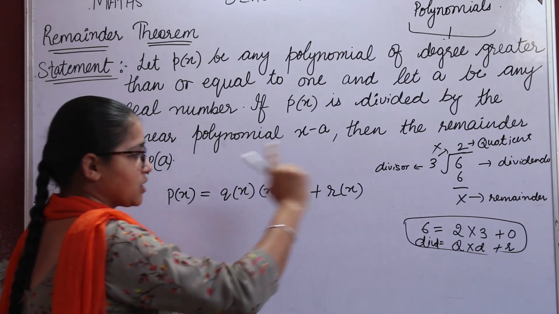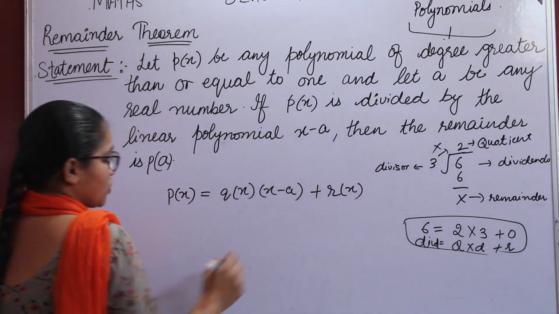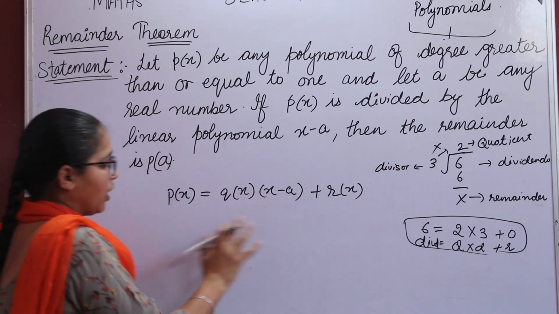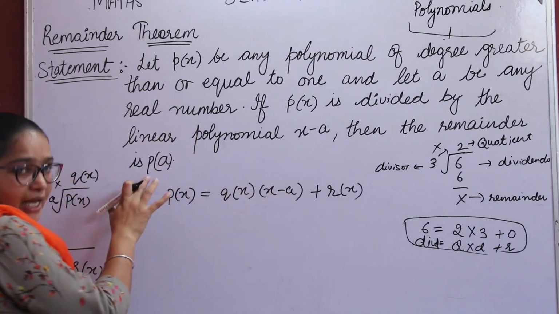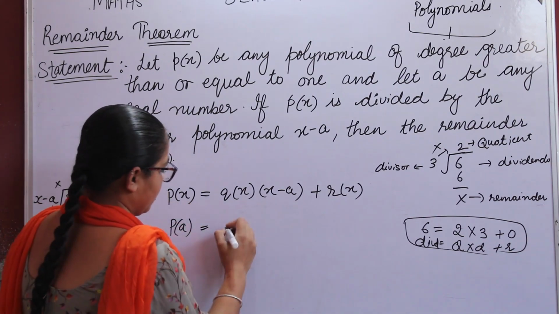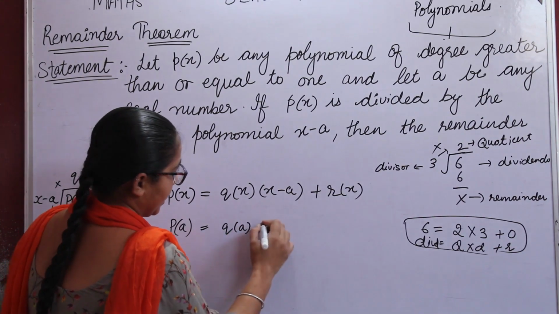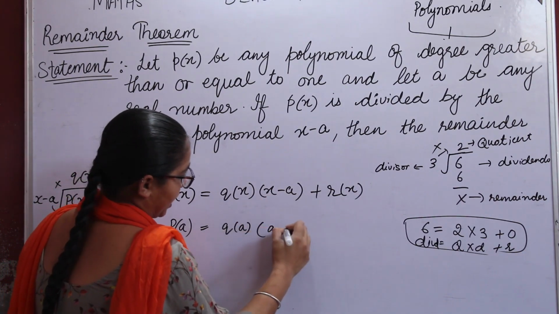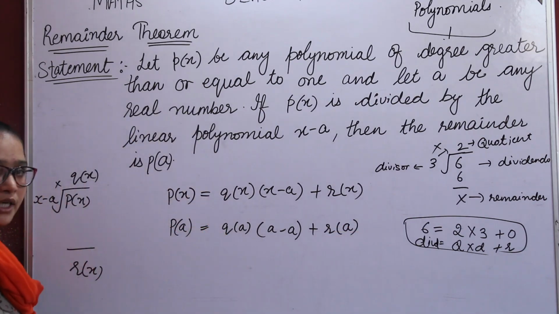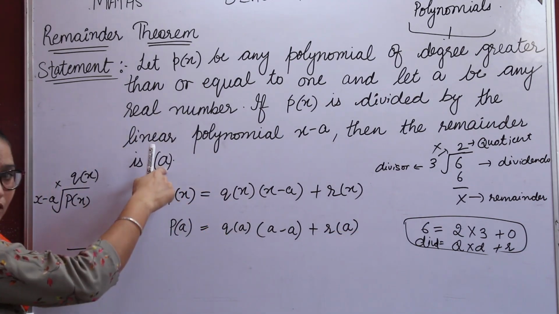This is just from division only. So now particularly if I find p(a), P of a is q(a), x in place of x I am putting a. On the place of x I just kept the value of a.